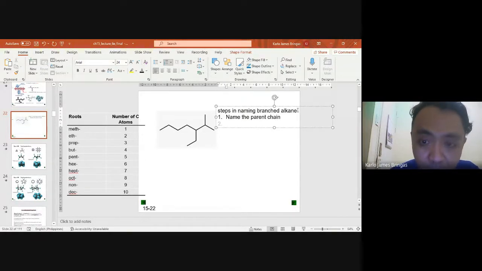Second step, name the substituents. Three, alphabetize the name ng substituents. And four, we have to locate the position of the substituents.